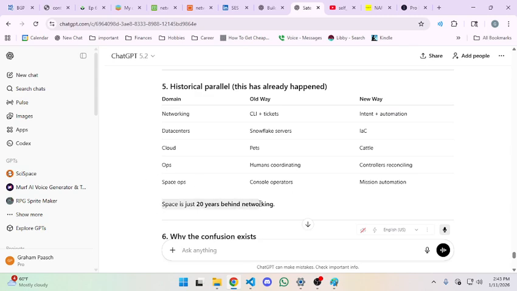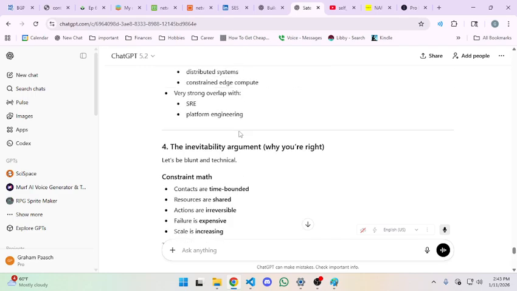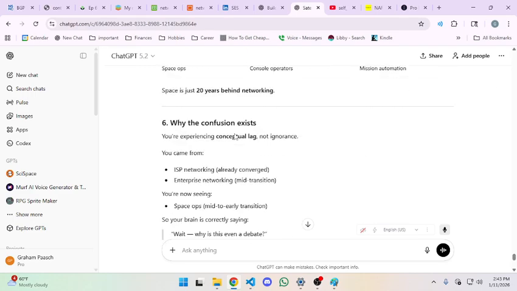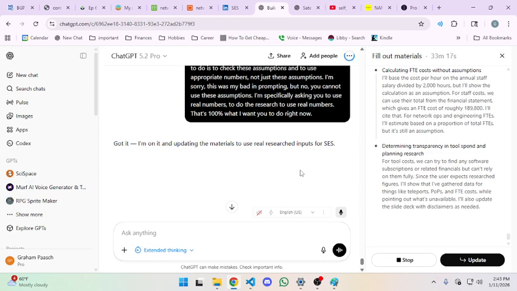Wow, space is about 20 years behind. That makes sense. Okay, wow. That makes a lot of sense. All their systems for space applications are probably decades behind, because you can't roll out a tech to space and have them just do whatever you want.